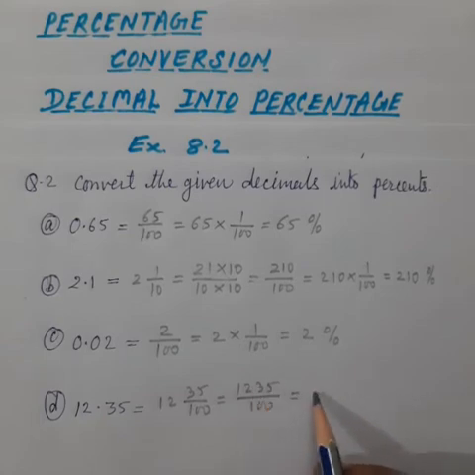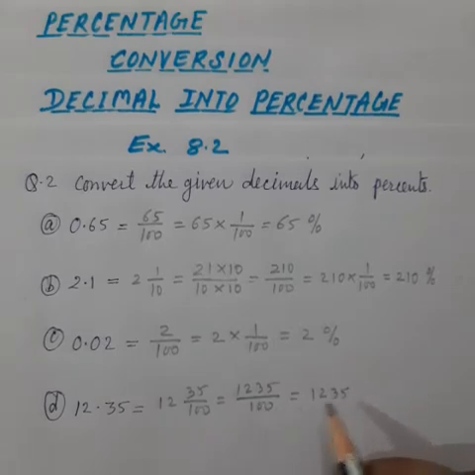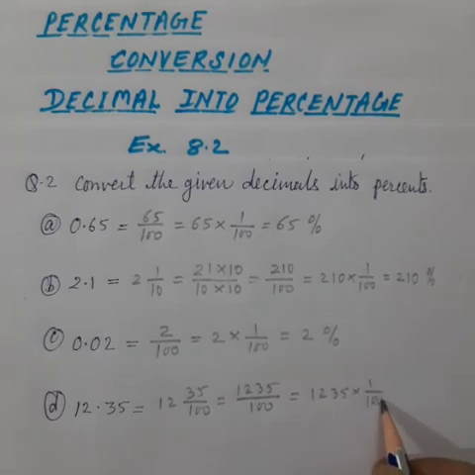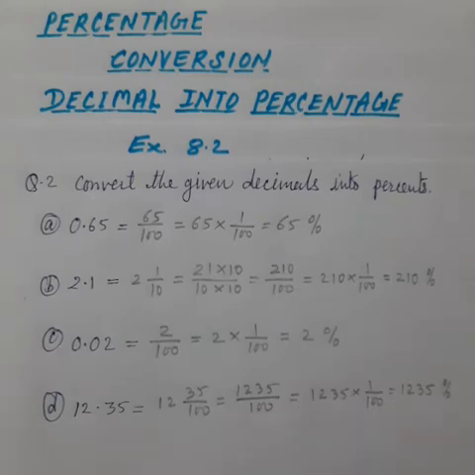Now write numerator 1, 2, 3, 5 and for this 100 in the denominator write 1 by 100 separately. Now this is 1235, and for this 1 by 100 write percent sign.